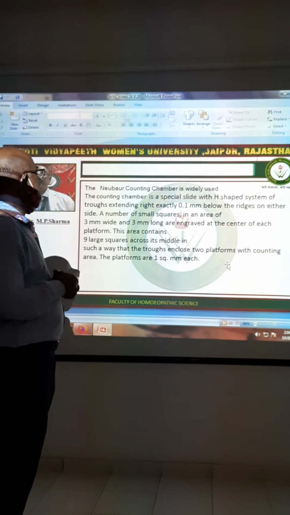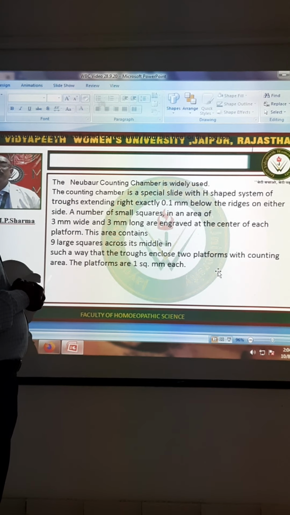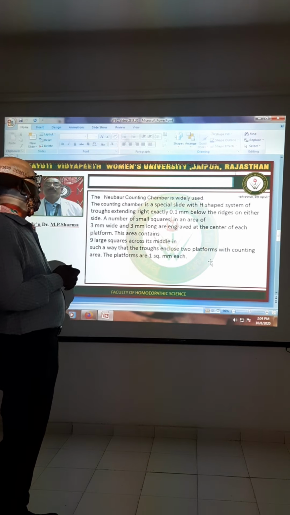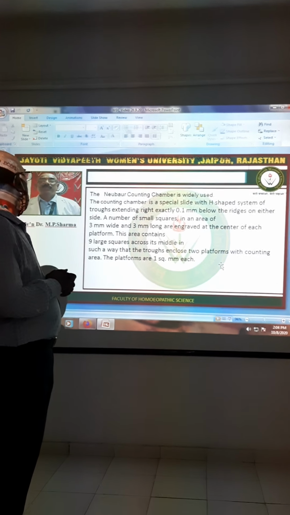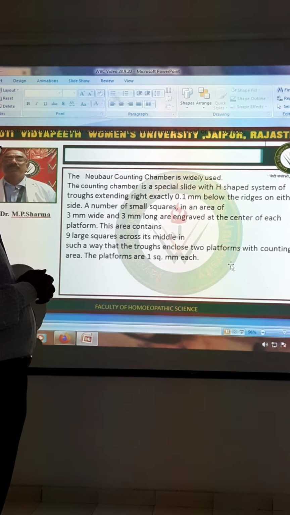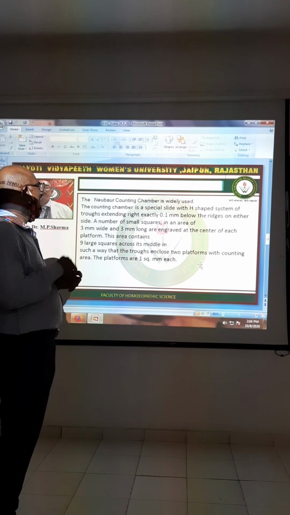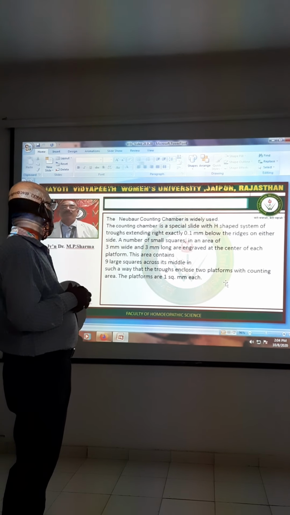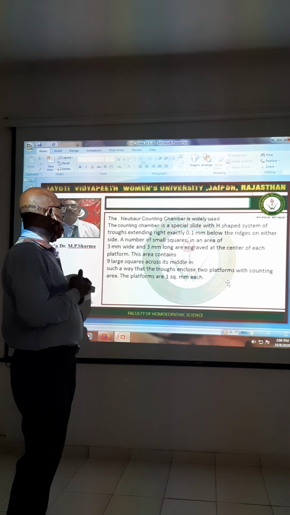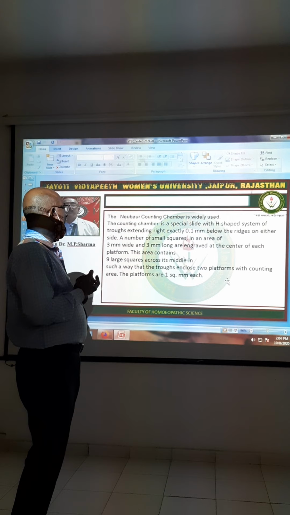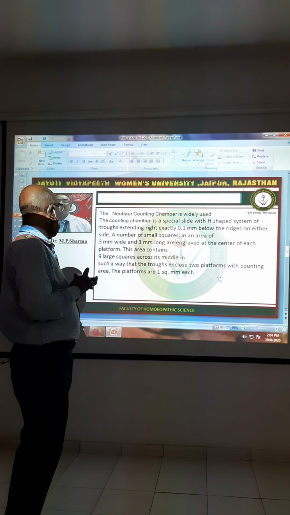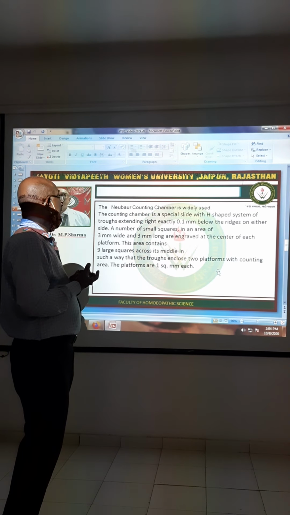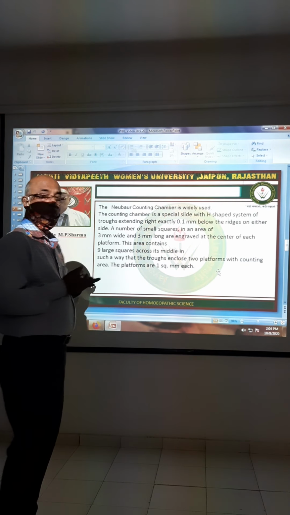The counting chamber is a special slide with an H-shaped system of troughs extending exactly 0.1 millimeter below the ridges on either side. A number of small squares in an area 3 millimeter wide and 3 millimeter long are engraved at the center of each platform.